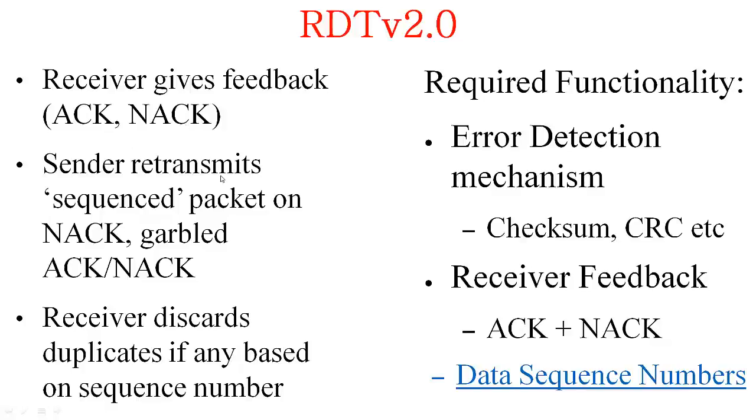Now the sender retransmits a sequenced packet on NAC or a garbled ACK or NAC. Now the receiver discards duplicates, if any, based on the sequence number, because it remembers the previous sequence number, and if it sees the same sequence number again, it knows it's a duplicate, thereby it will discard it. So up till now we saw that we need three mechanisms: error detection, receiver feedback and data sequence numbers.